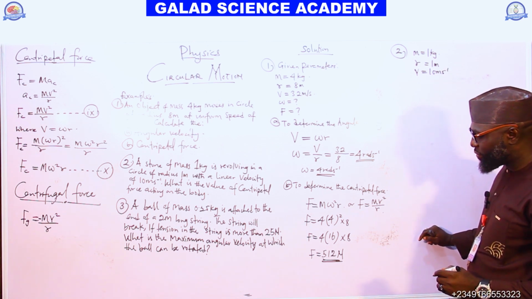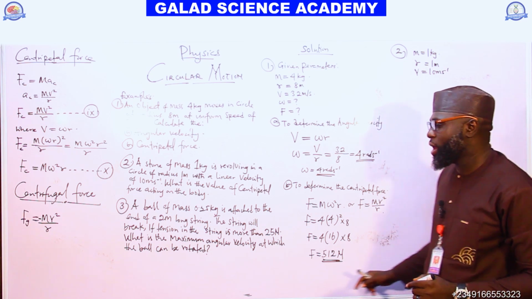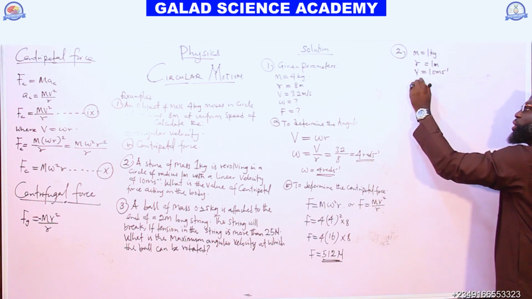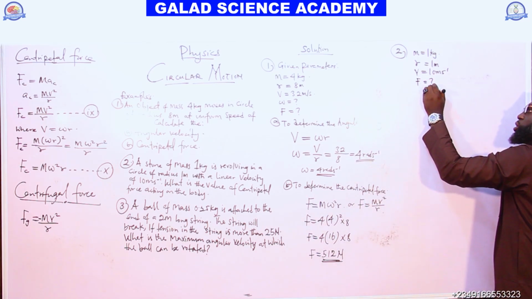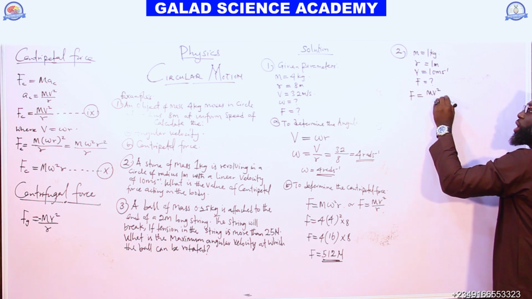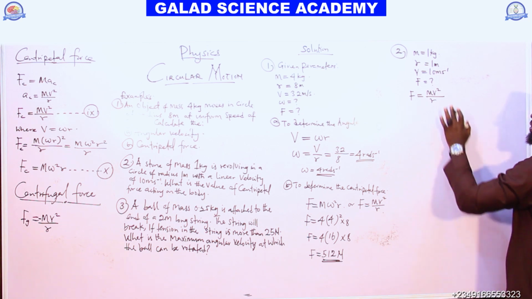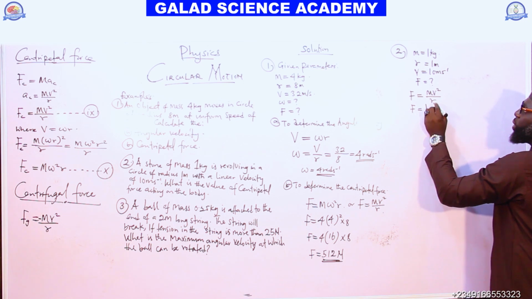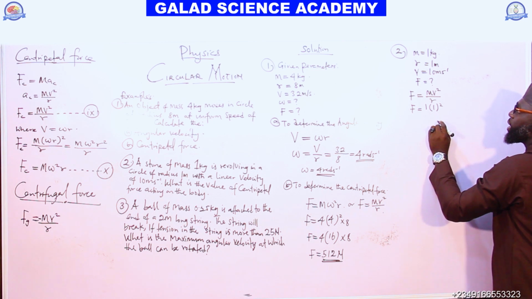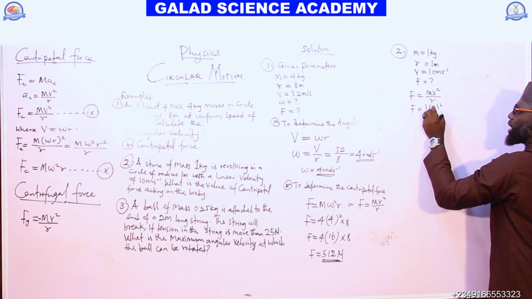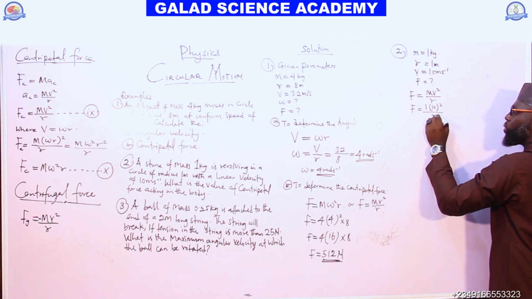What is the value of the centripetal force on the body? Here we are looking for the centripetal force, which is unknown. We will use F equals mv squared over r. Applying this formula, m is 1, v is 10, and r is 1.